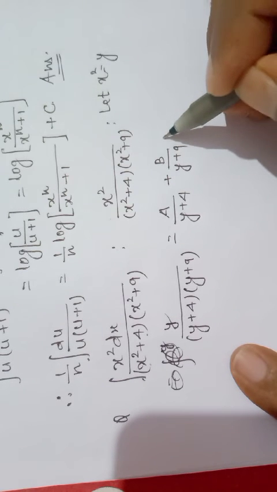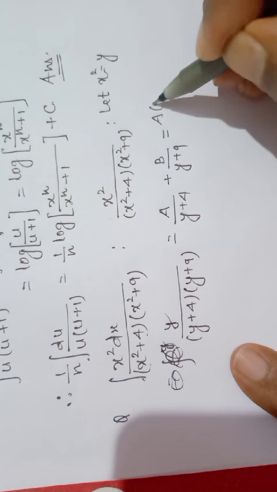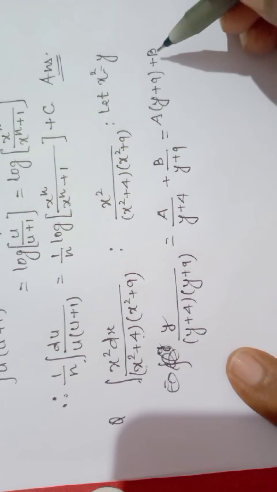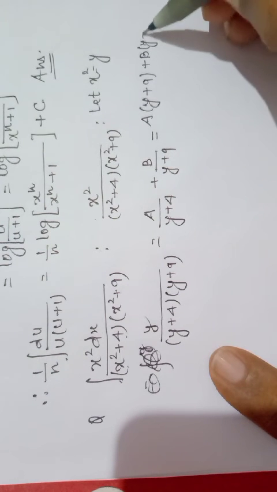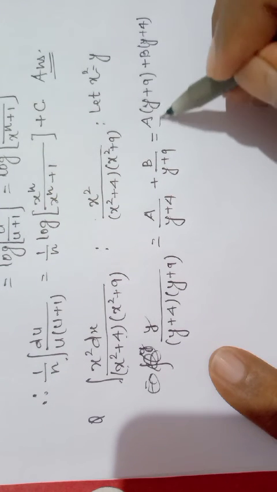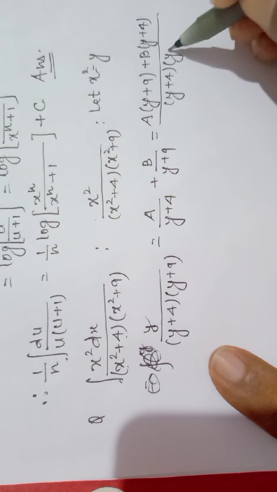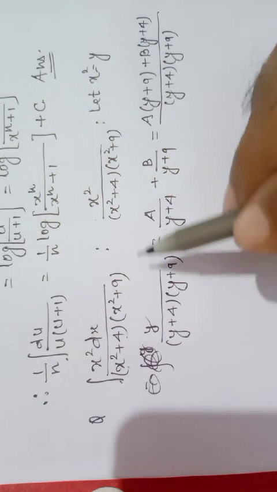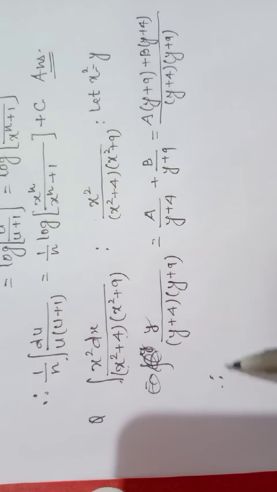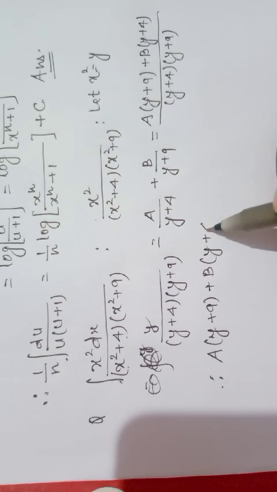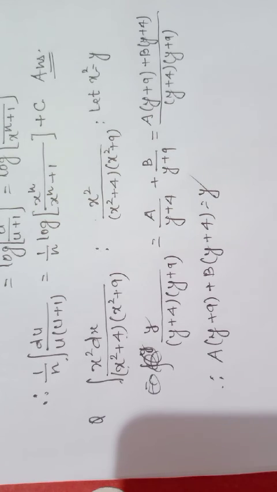After taking LCM, we write a into y plus 9 plus b into y plus 4, divided by y plus 4 into y plus 9. Compare them. On comparing, we have a into y plus 9 plus b into y plus 4 equals y.